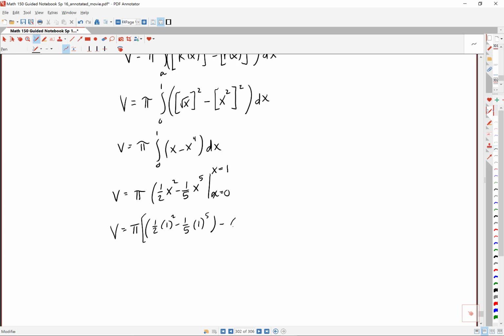So we'll have the volume is pi times 5 minus 2 all over 10. So we get our volume is 3 pi over 10 cubic units. Okay, all right, so then here's another example.